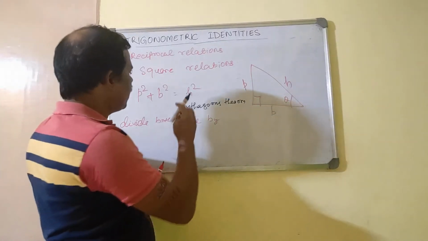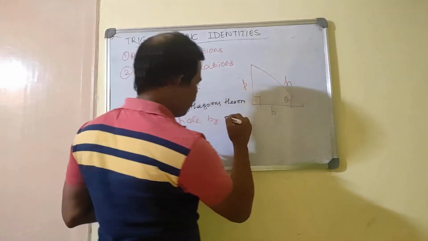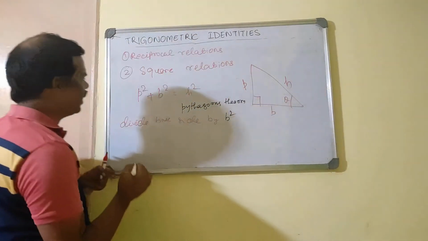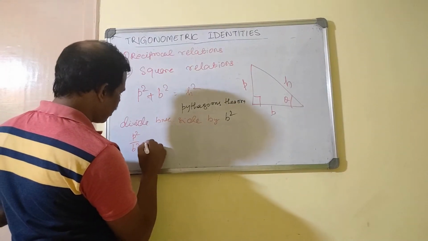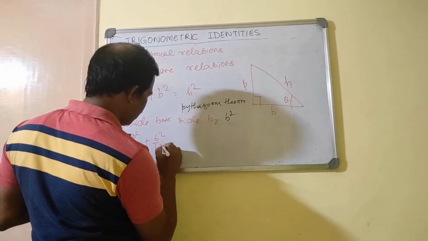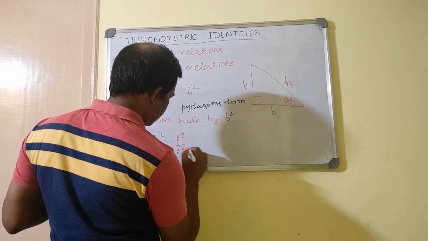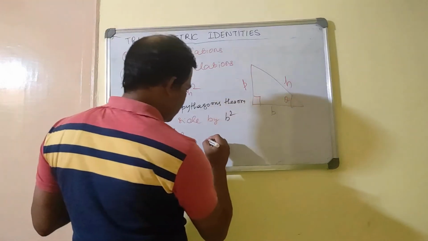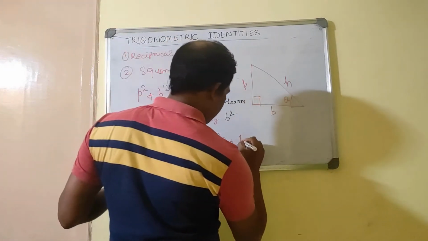We have divided by h square already, we have divided by p square already, the remaining is b square. Let's divide this by b square on both sides. So what will happen? P square by b square plus b square by b square is equal to h square by b square. P by b becomes tan theta, so it is tan square theta plus 1.